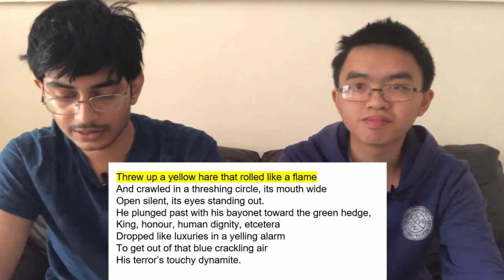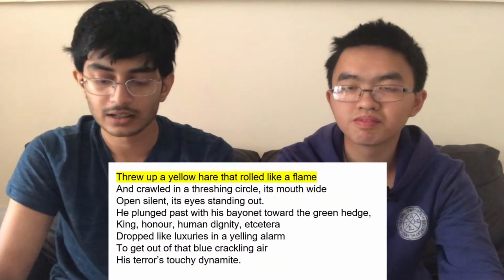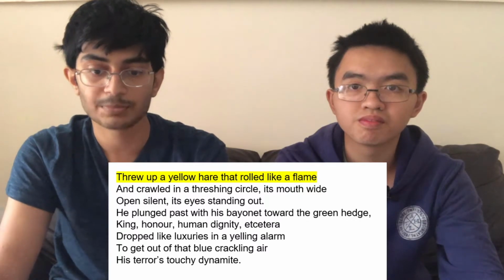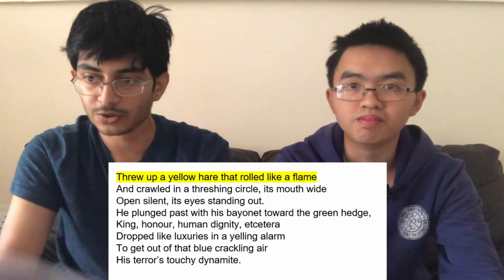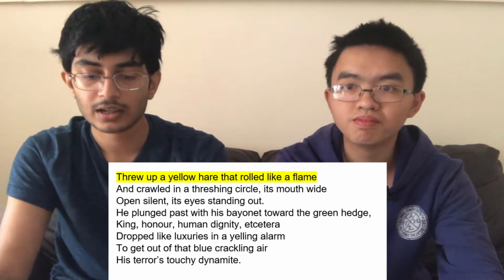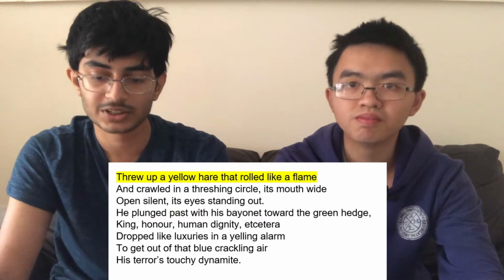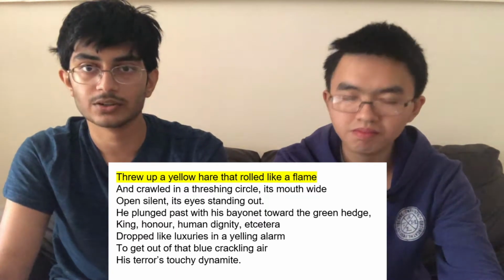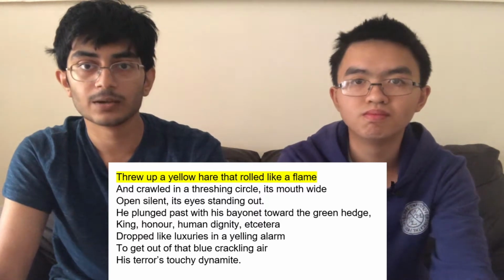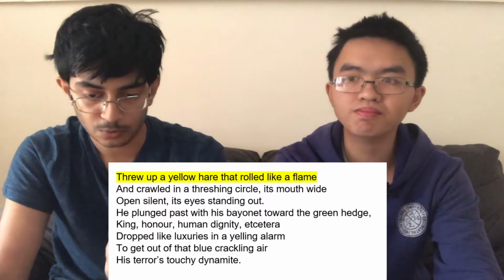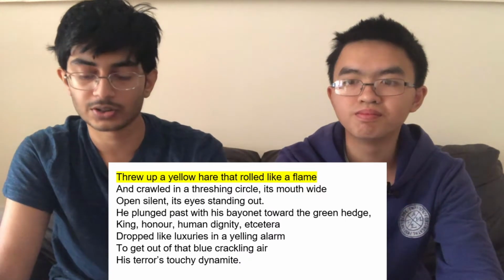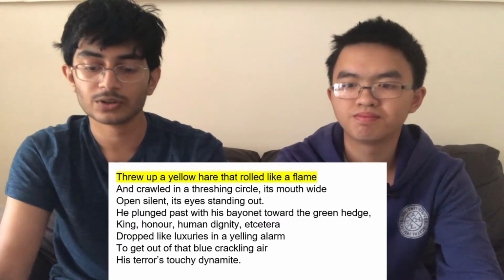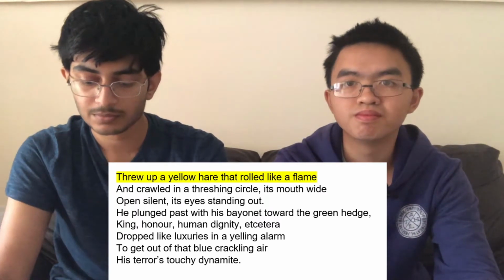In this case, the yellow in hair represents happiness, or a joyful emotion, and this really contrasts with the reality of war, which Ted Hughes is trying to portray. But another interpretation of yellow is cowardice. We tend to also associate the word yellow with cowardice, and that shows how the author is afraid of war, despite what it may seem.